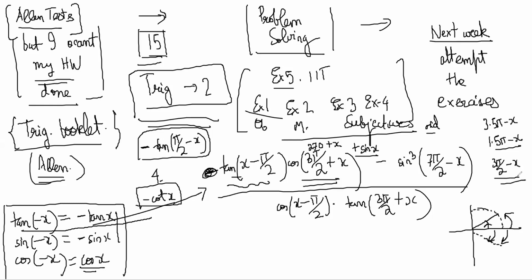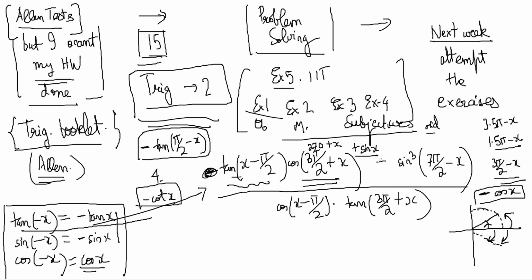Which quadrant will this be? It will be 270 minus x, the third quadrant. Sine is negative in the third quadrant, so the sign of this will be negative, and anyway it is an odd multiple, so sine becomes cos x. So minus cos x is the result of this. When you cube it, it becomes minus cos cube x.